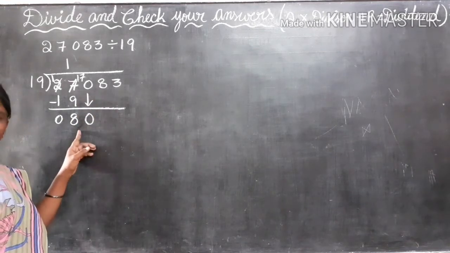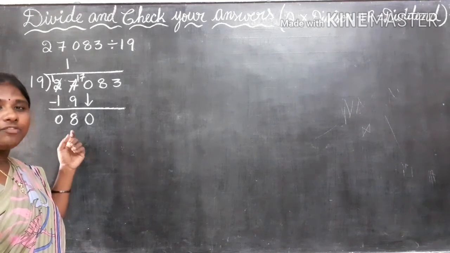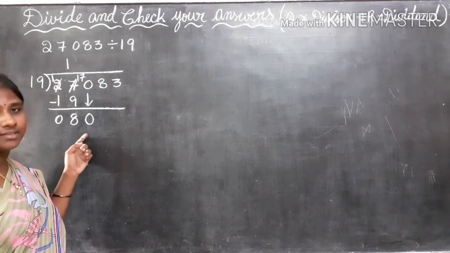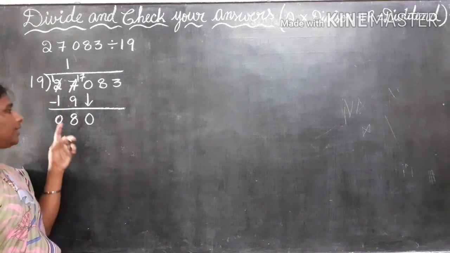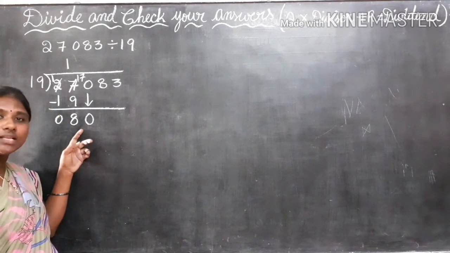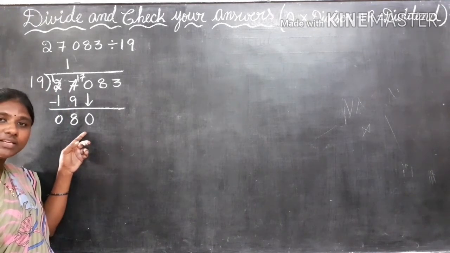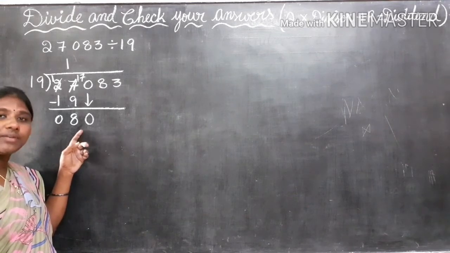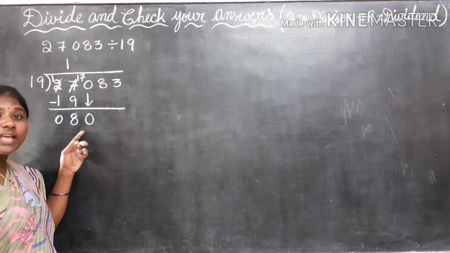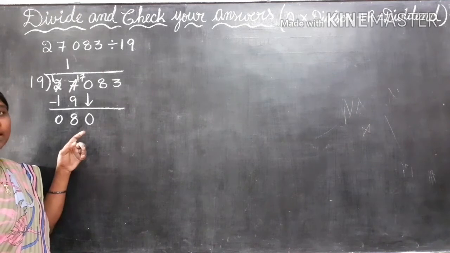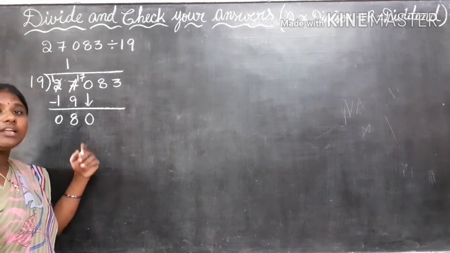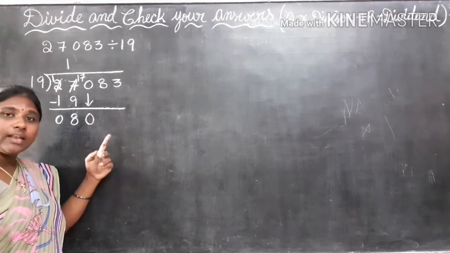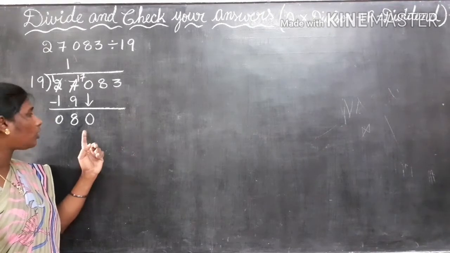Now will the 19 table reach 80 or not? We have to check where we first get a number more than 80. 19 ones are 19, 19 twos are 38, 19 threes are 57, 19 fours are 76, 19 fives are 95. 19 fives are 95, which is more than 80.